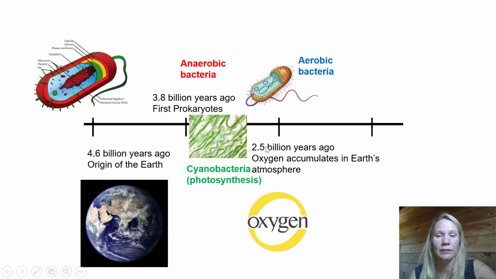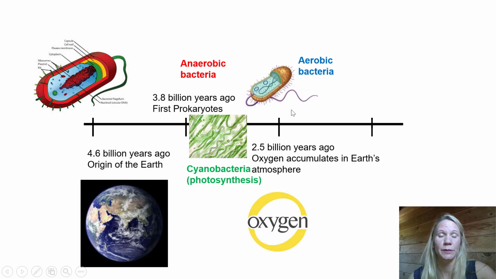Now, this allows for aerobic bacteria to evolve by random mutation and selection. Remember, aerobic means surviving with oxygen or in the presence of oxygen. And cell respiration in the presence of oxygen is way more energy efficient than anaerobic respiration or fermentation.